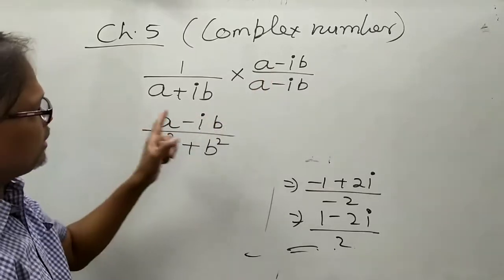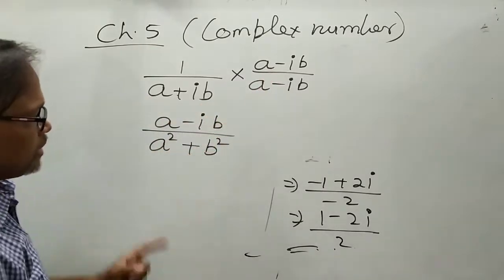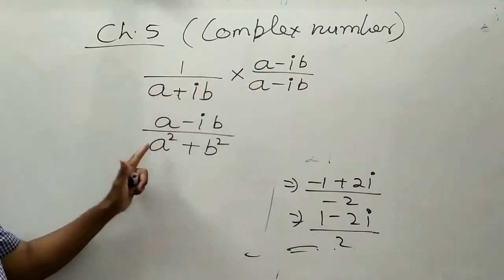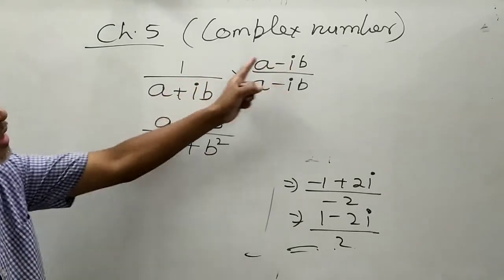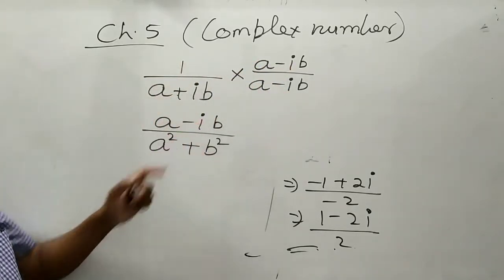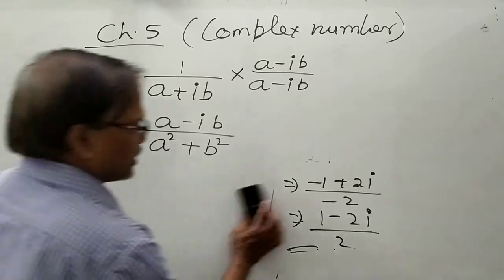Then when you multiply in the form a plus ib, a minus ib, you will get in denominator a square plus b square and numerator a minus, अब ये 1 है तो a minus ib, if any other number then you have to multiply.